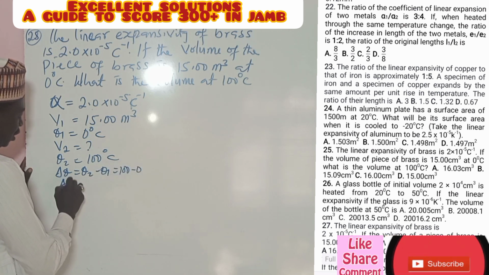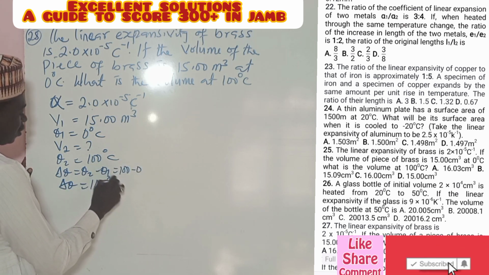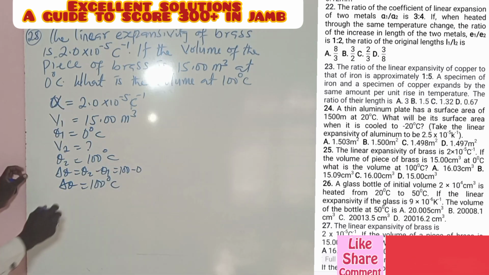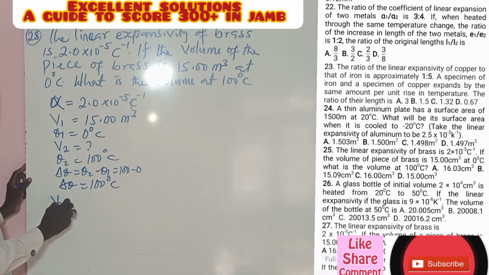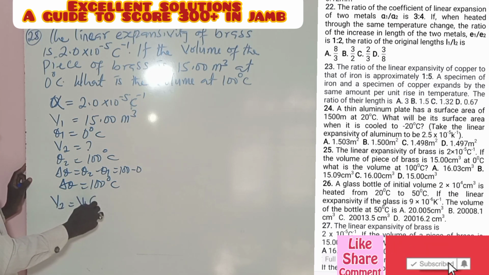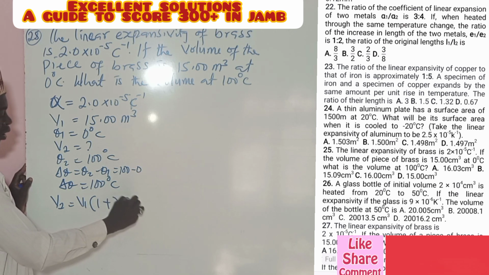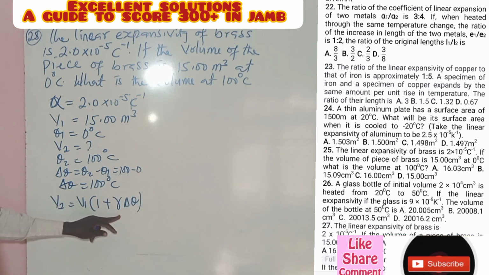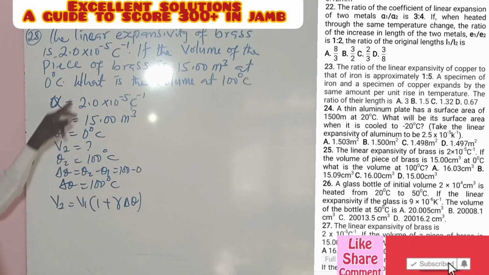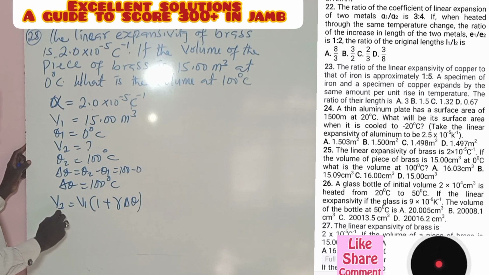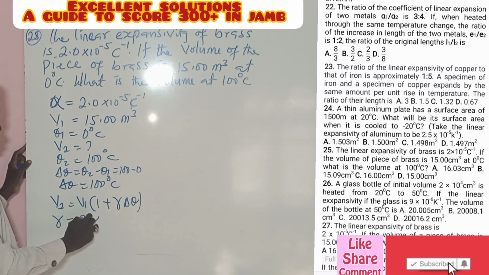So if we are looking for V2, we have our equation that says V2 equals V1 bracket open 1 plus gamma delta theta. But here we don't have gamma, but we have alpha. And we have a relationship that says gamma equals 3 alpha.